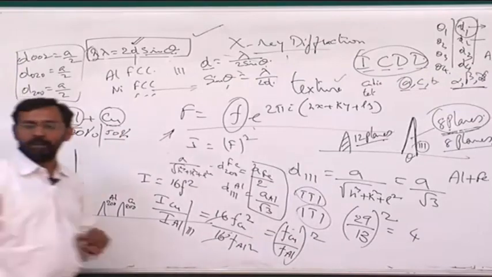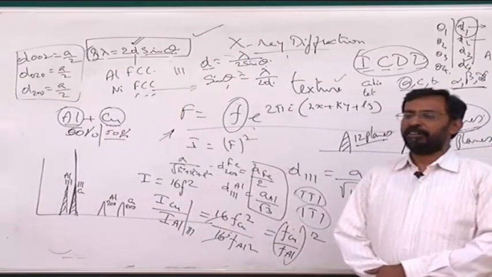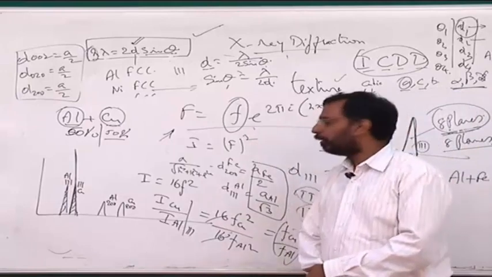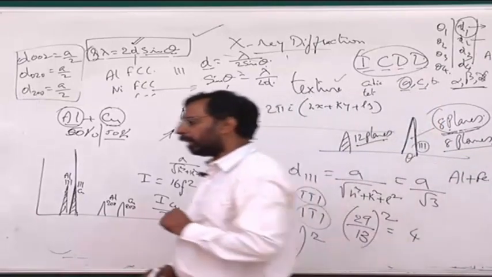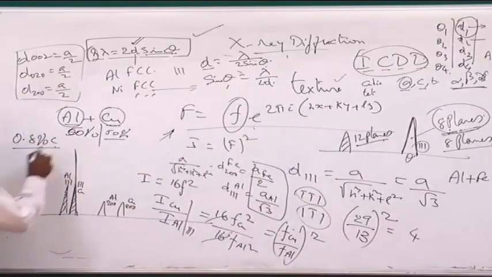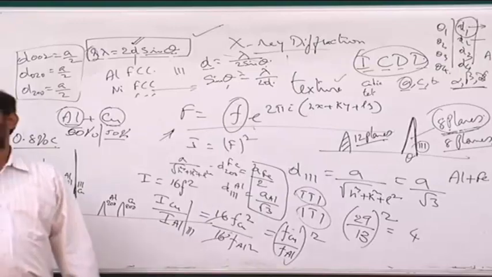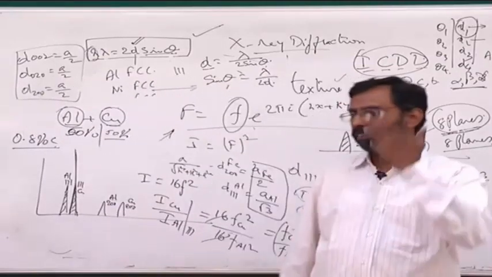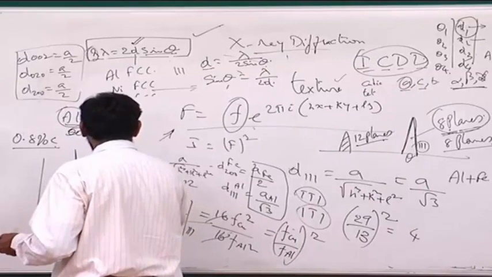So this is a problem whenever people try to use an XRD pattern to find out the amounts of phases. For example, I have an alloy, let's say steel. If I take about 0.8% carbon steel, which is a eutectoid steel, what are the phases that you have at room temperature? Ferrite and cementite, Fe3C.